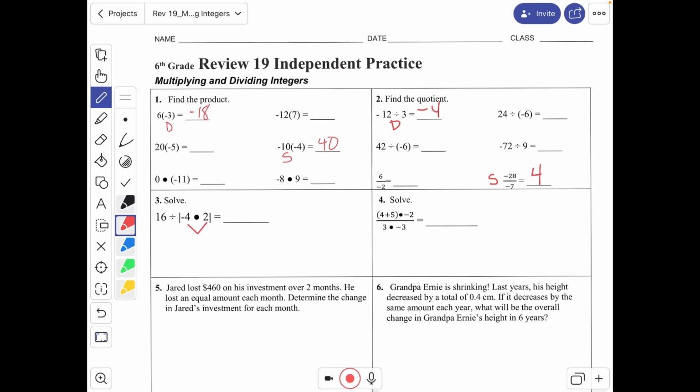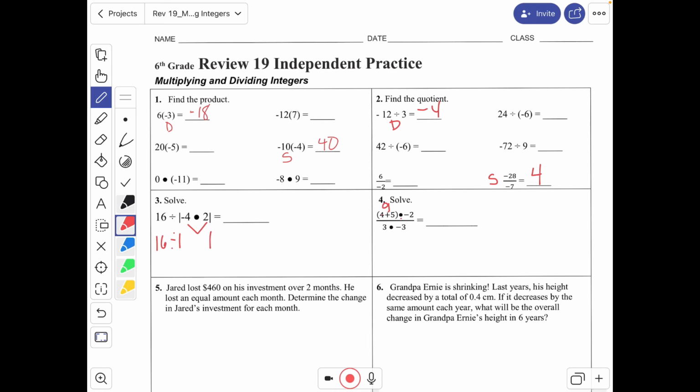On number 3, you need to work what's inside the absolute value first. And remember, the answer to that is going to be positive. Absolute value is always positive. On number 4, you do what's in parentheses. So 4 plus 5 makes 9.